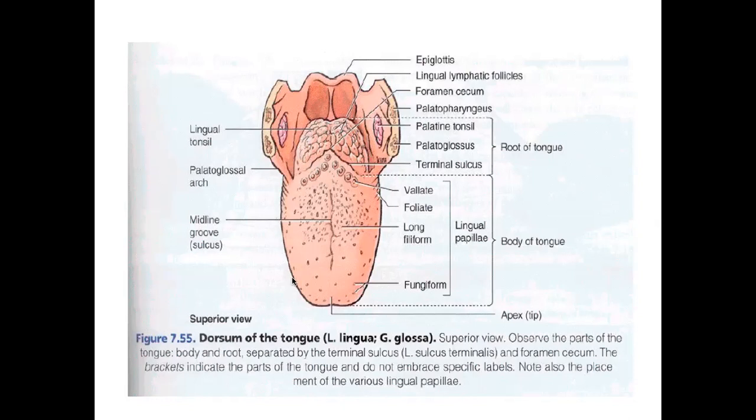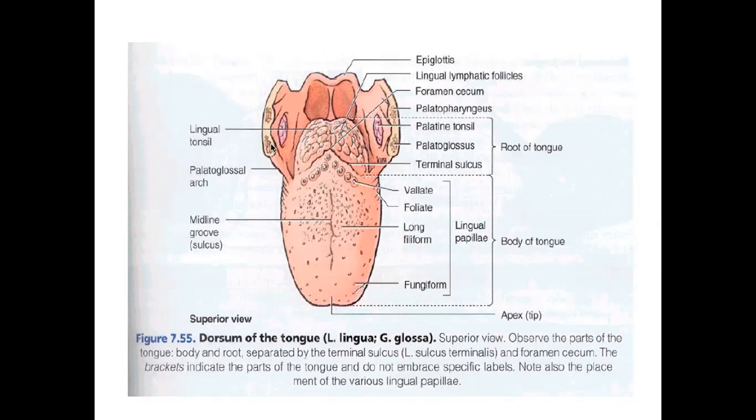If we divide the entire tongue into two portions, these are the anterior 2/3 and the posterior 1/3. There is one more region, the posterior most part of the tongue, which is behind the posterior 1/3, facing towards the epiglottis and the larynx.